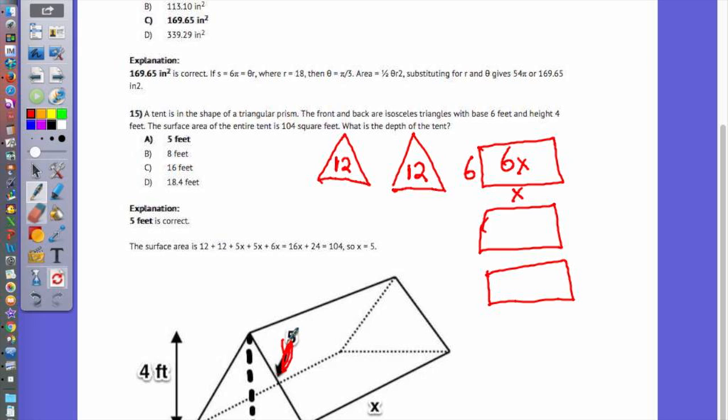They don't give you this. So you have to use Pythagorean Theorem. So if this is 6, if I make a triangle here, this is 3, this is 4. You may have caught on by now that 3, 4, 5 is a Pythagorean triple if you have legs that are 3 length and 4 length. The hypotenuse is 5.